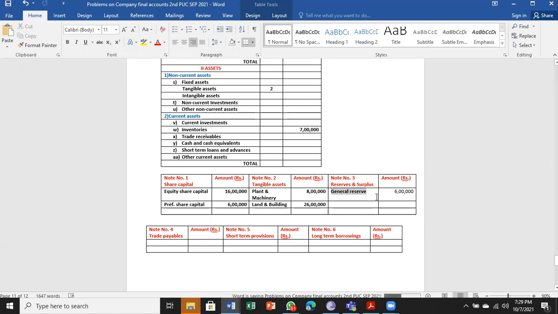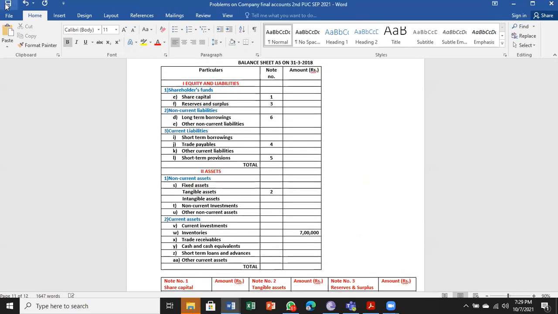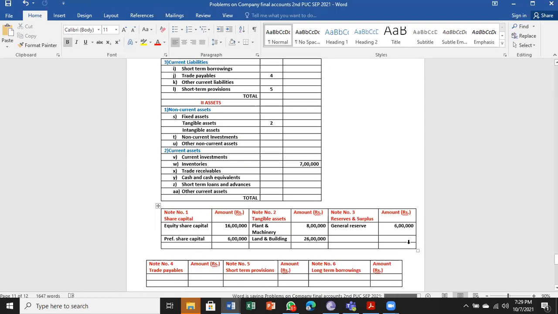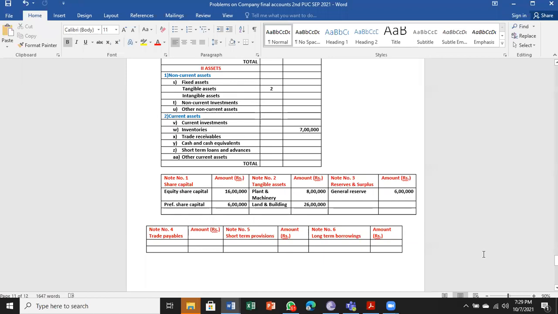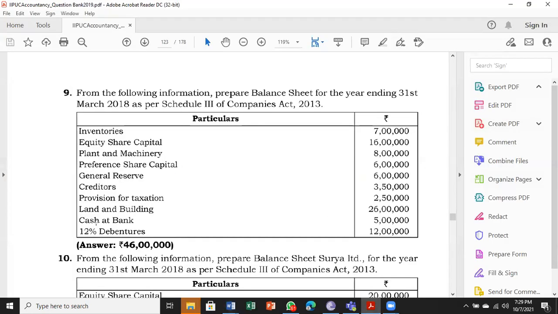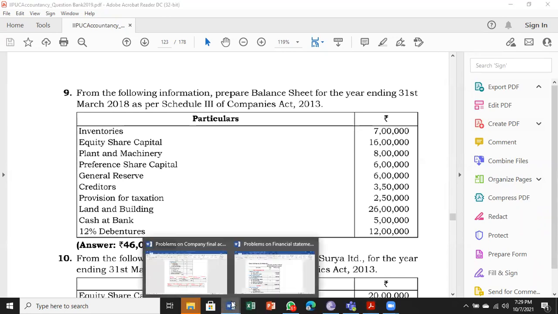This is only to make you remember this item comes under which one. Even though one item is there, so I am taking a note for that. Next, creditors, only one amount is a current liability. That is trade payable.